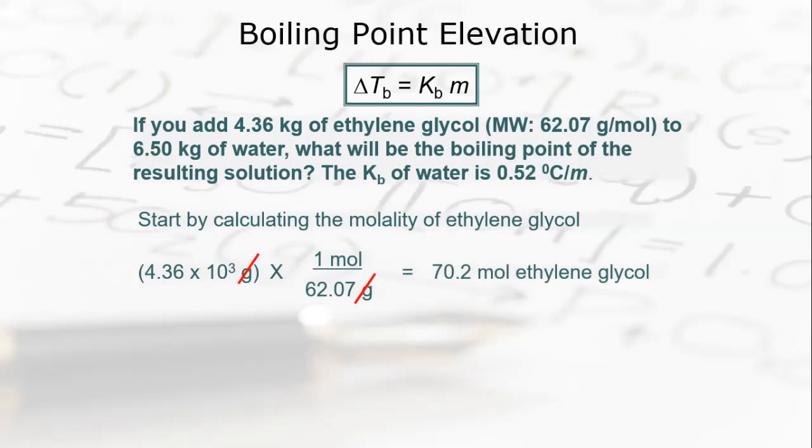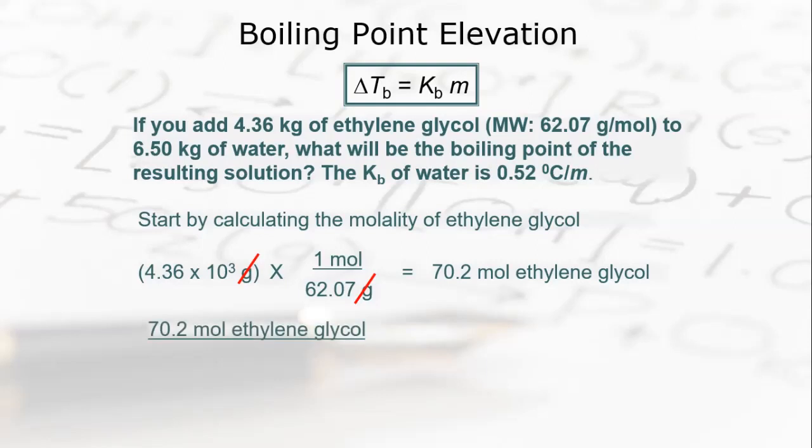Now to calculate molality, we have the ratio of moles of solute to kilograms of solvent. And this is very convenient here because they gave us the weight of water instead of the volume. And so we don't have to convert the volume into grams. We have straight up grams.